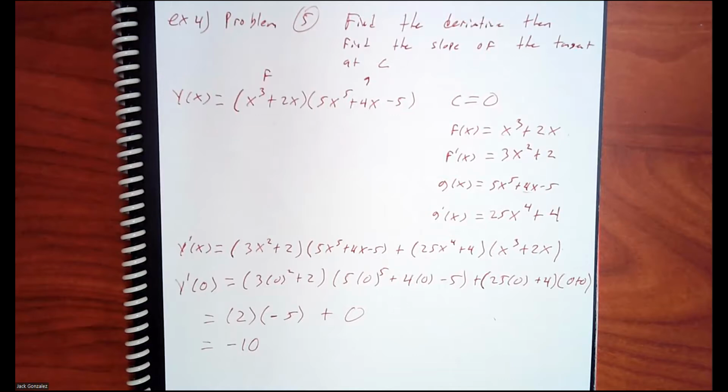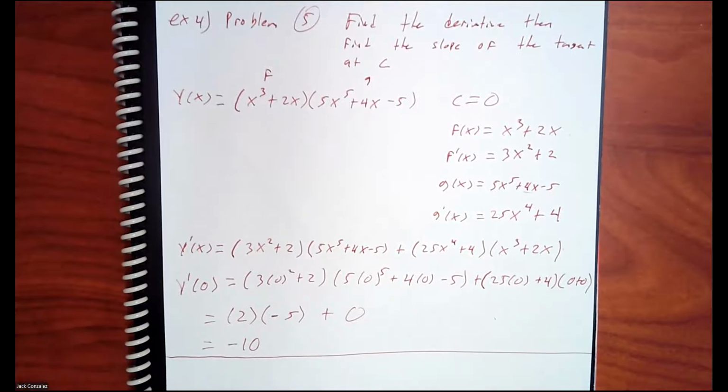So if this was like velocity, it'd be the instantaneous velocity of your position function at 0. Anyway, any questions on this problem? It's very formulaic, right? There's a lot of theory in the background, so don't forget.